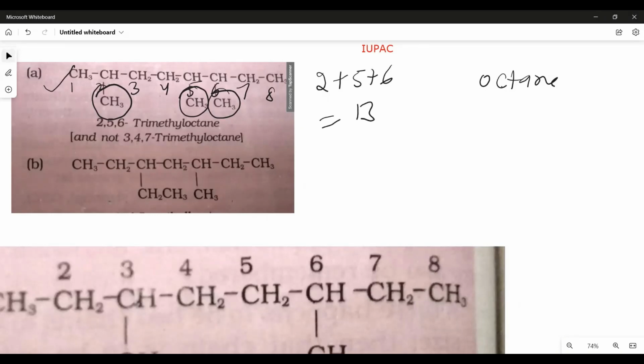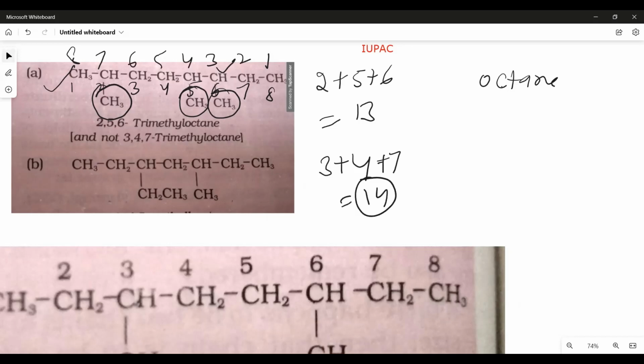Now if you start the numbering from the other side, that is 1, 2, 3, 4, 5, 6, 7, 8. Again it is octane, but now the positions are 3, 4 and 7. So the addition comes out to be 14. So this is not the lower one. So we have to follow the numbering 2, 5 and 6.